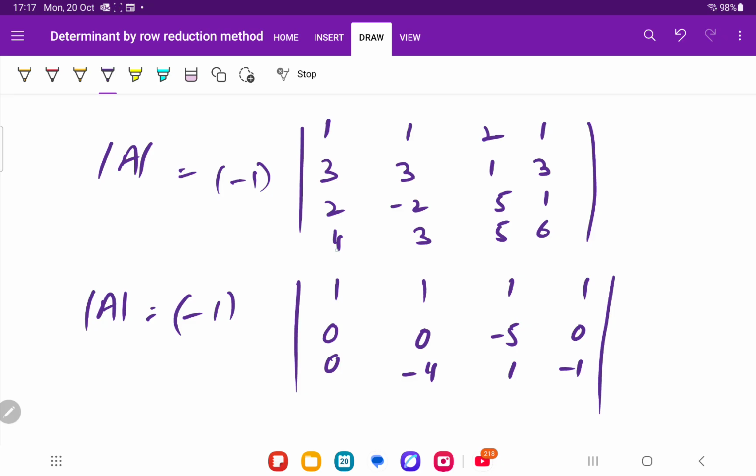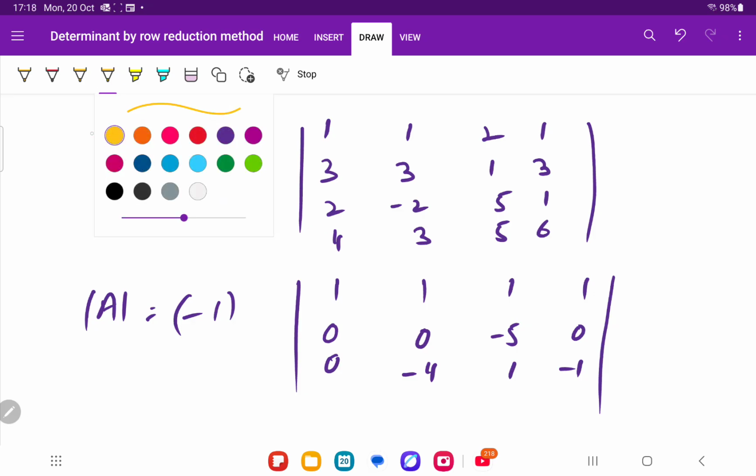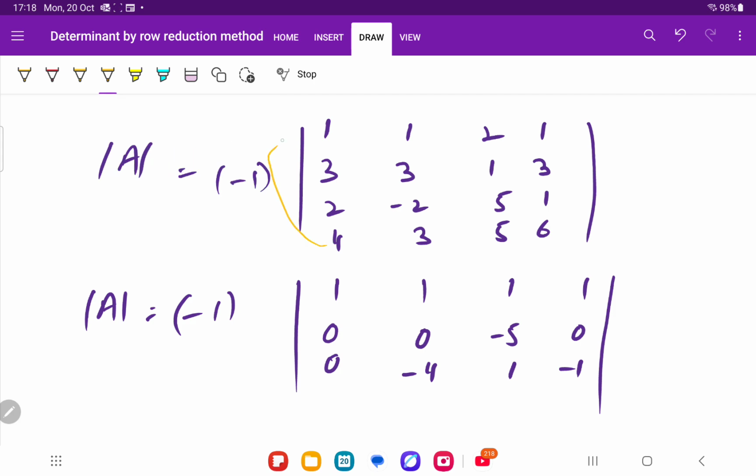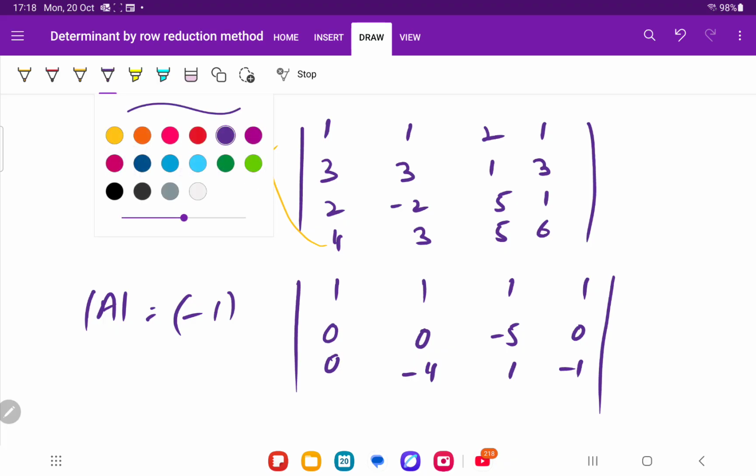The opposite sign of 4 is minus 4. Minus 4 will be multiplied to each number and then added to row 4. Minus 4 multiplied by 4 is minus 4, plus 4 is 0.